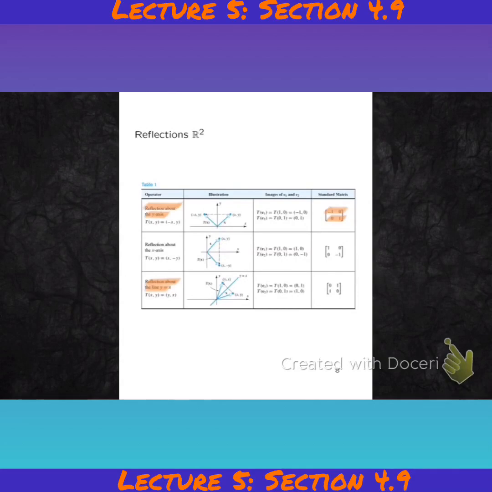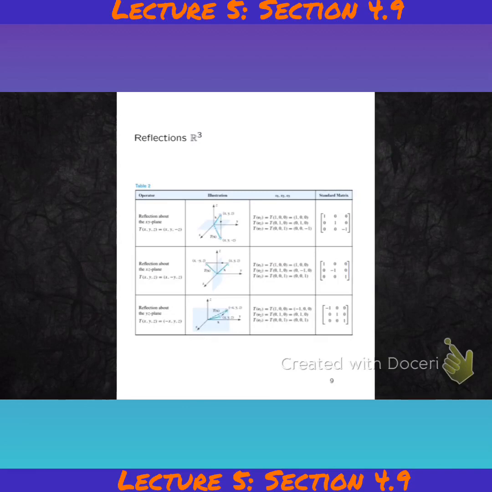So doing all of this, you follow the exact same procedure there. What is important is identifying the images of the standard unit vectors, because we can write each point x, y as a linear combination of the standard unit vectors.